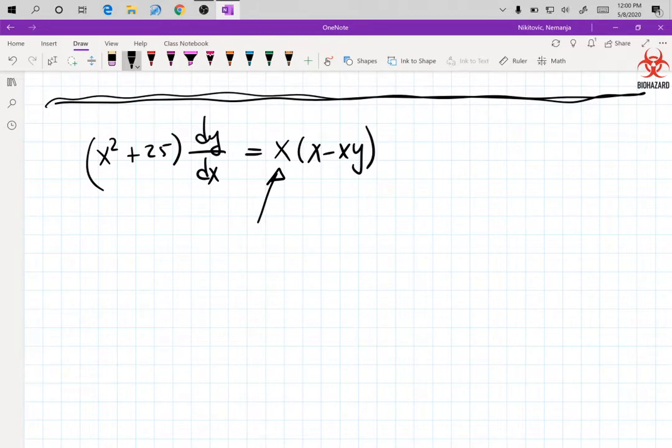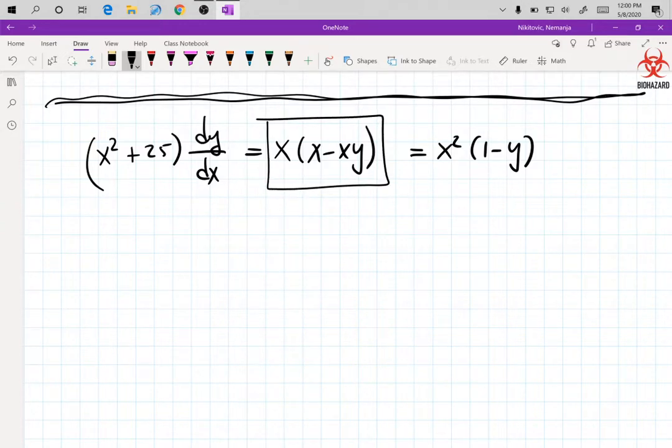Maybe there was a mistake, because this can be written as x squared times 1 minus y, right? If you factor out this extra x, given that this is copied correctly, it looks fishy to me. So it's either this is 1 or these are 1s. Something might be 1 there, but I don't know. If this is exactly the way the problem is, that's fine.